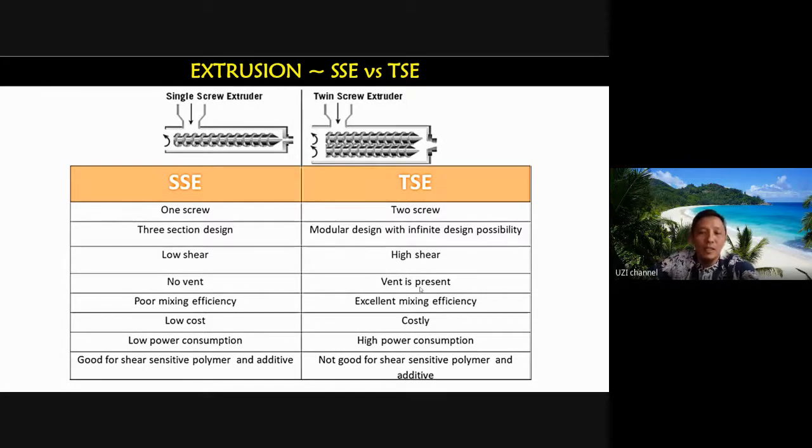For mixing efficiency, the twin screw extruder is excellent, better than the single screw extruder, which has poor mixing efficiency. What about the cost? Of course, the twin screw extruder is twice the price, so it costs more than the single screw extruder.